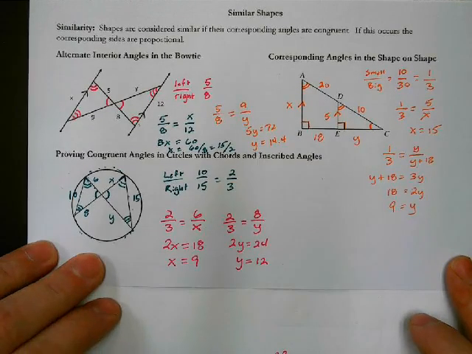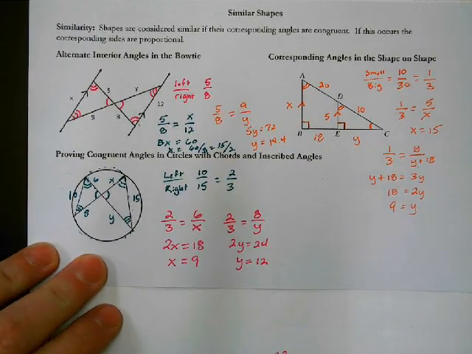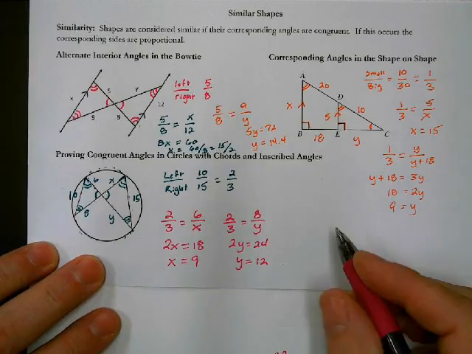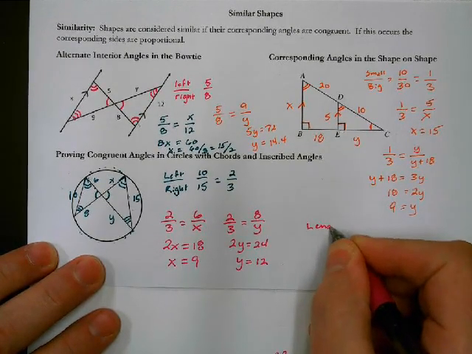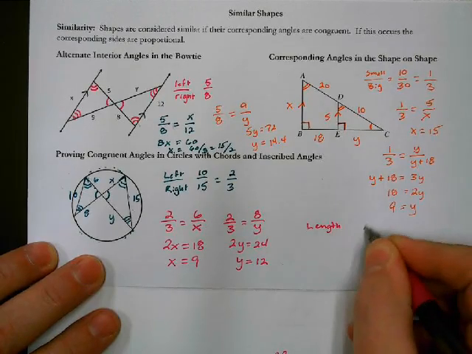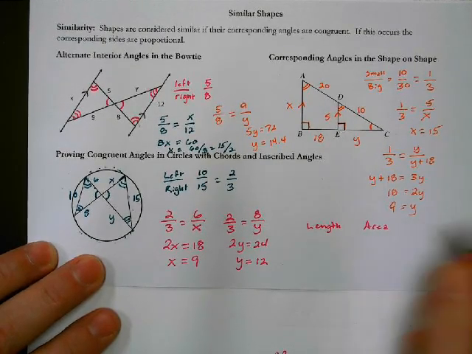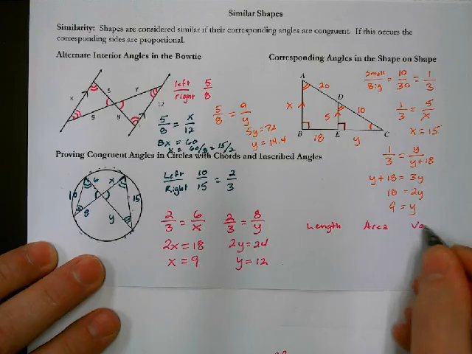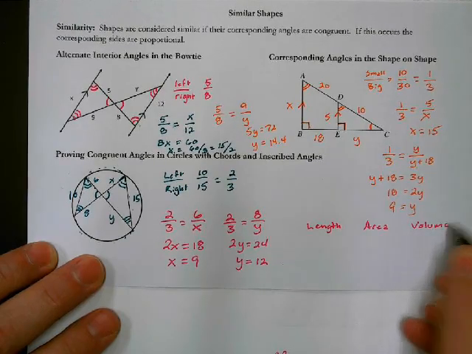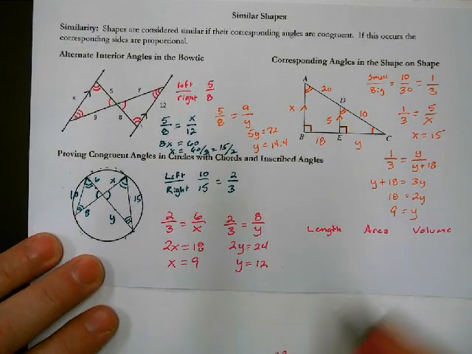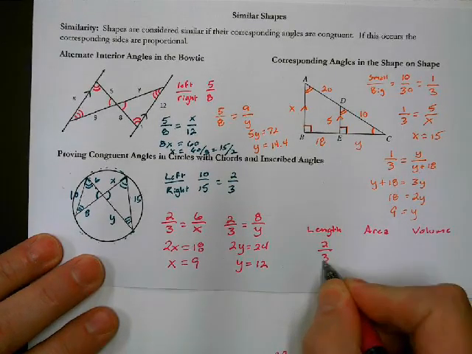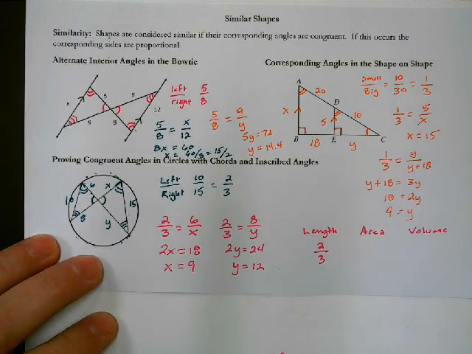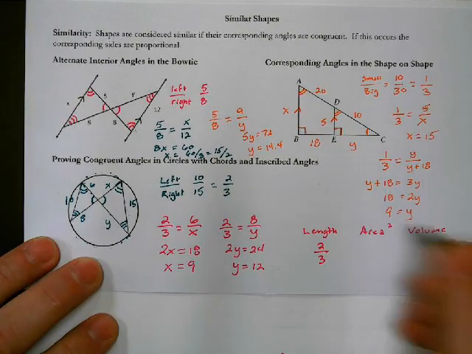As you're doing this stretch, just remember that when you talk about length, area, and volume, if you've got a ratio of 2 to 3 in the length, area is in units squared, volume is in units cubed.